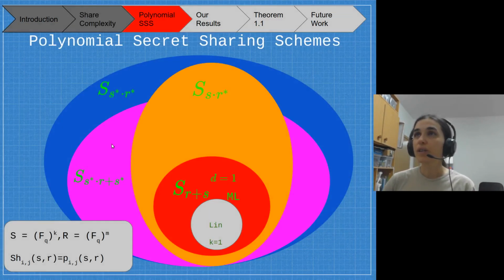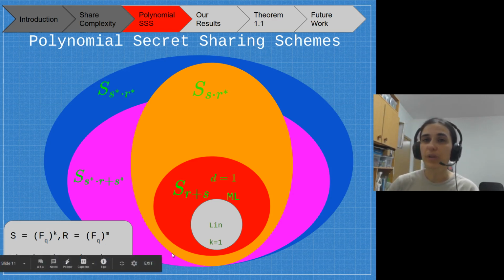Okay, so in this work, we introduce a model that naturally generalizes multilinear schemes into polynomial schemes of possibly higher degree. Right, so in our setting, the secret comes from a domain of vectors of length k over a finite field, and the randomness is also of that form, of some other vector length.